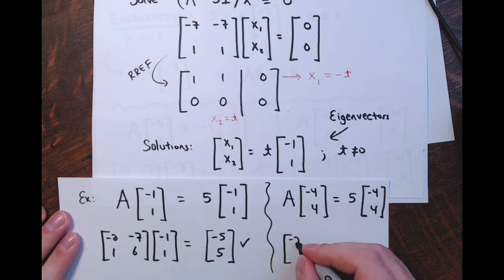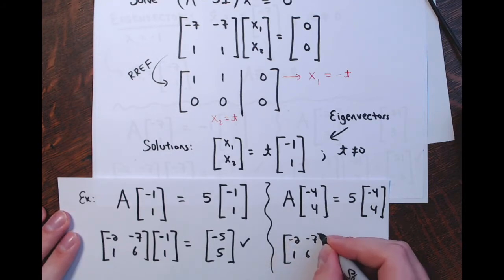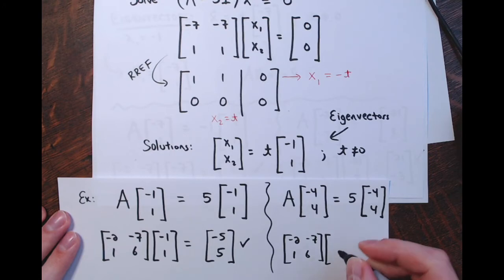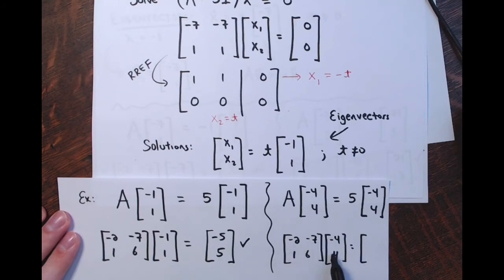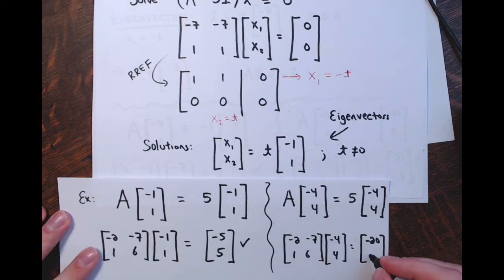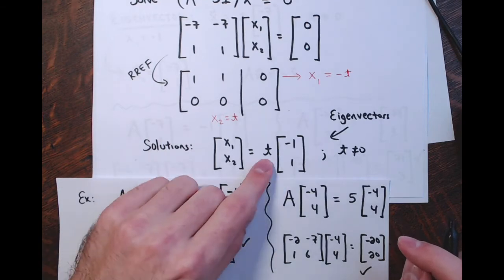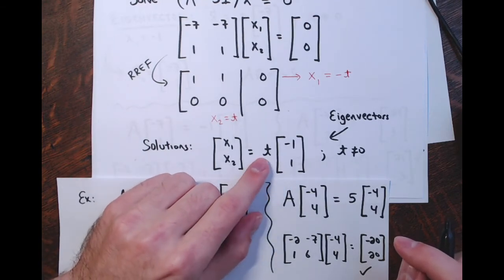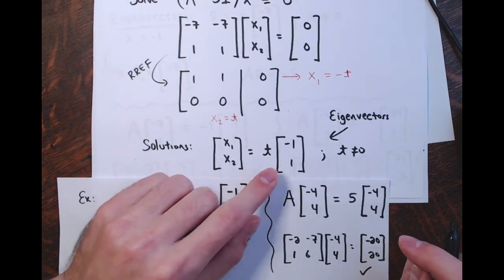So take A times negative 4, 4. And look, you get 8 minus 28 is negative 20. Which is 5 times negative 4, great. And then negative 4 plus 24, positive 20. Amazing.